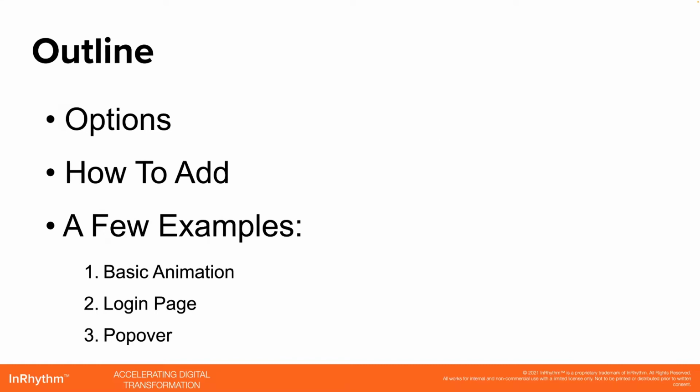So today, what we're going to talk about is a couple of the different options you have when doing an animation on a view in SwiftUI. A couple different ways in how to add those animations, and then, like I said, a couple of examples of scenarios I've used animations in the past.